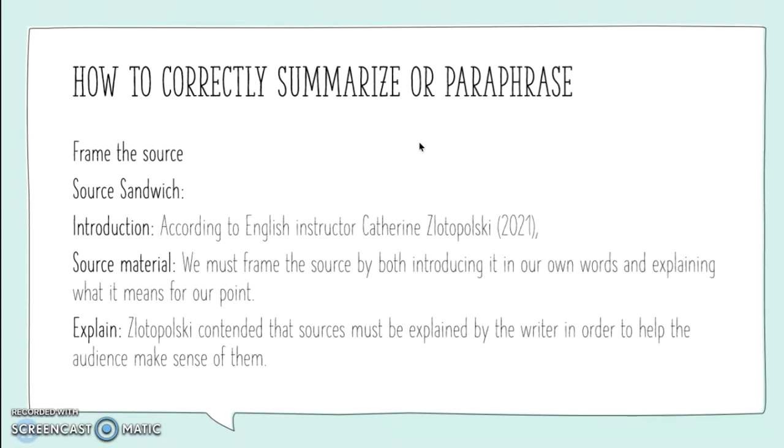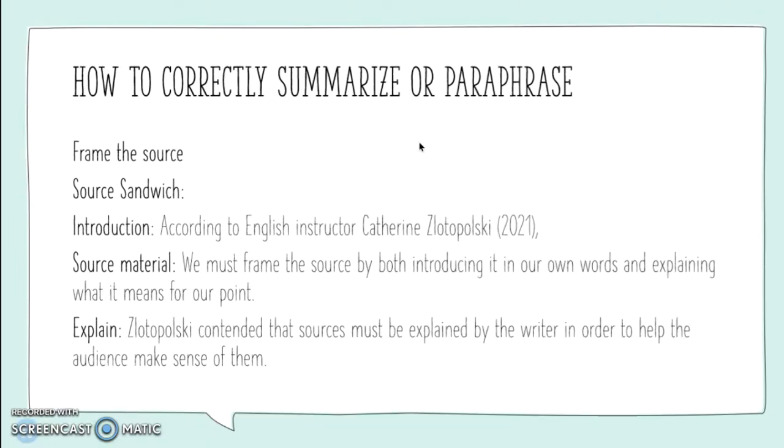According to English instructor Catherine Zalata-Polsky, and then in APA format you'd put the date there, and then you would add the source material. So here I just put a sentence. We must frame the source by both introducing it in our own words and explaining what it means for our point. Then after you put the material that you find in your source, then you explain it.